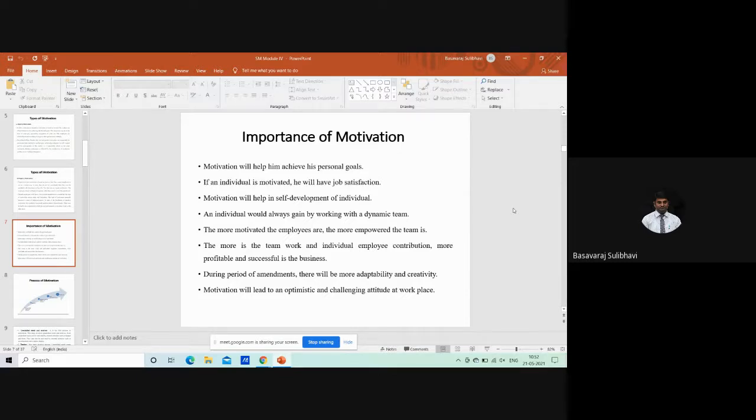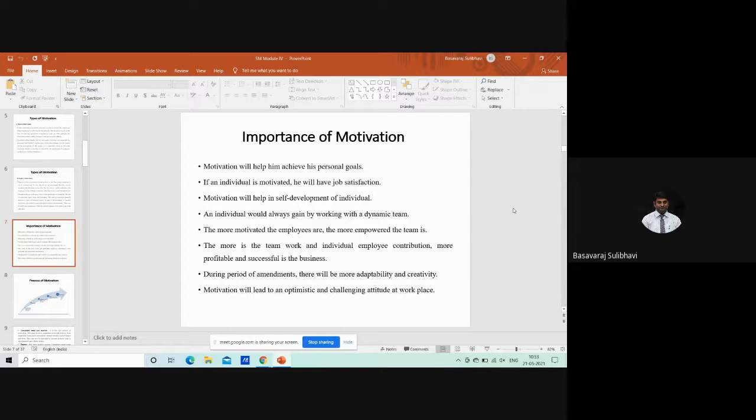There will be a lot of confidence among the employees to work better for the organization, and they will also have a challenging type of attitude, taking almost all types of assignments given by the organization.